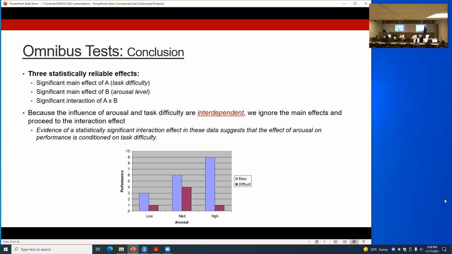Correspondingly, if we go the other way and look at the impact of arousal at easy tasks, between low and medium, low and high, medium and high, that's a different effect than if I'm looking at differences across arousal at difficult tasks, right? So if we go through and create our lines, we've got completely different patterns going on here, suggesting an interaction, okay?